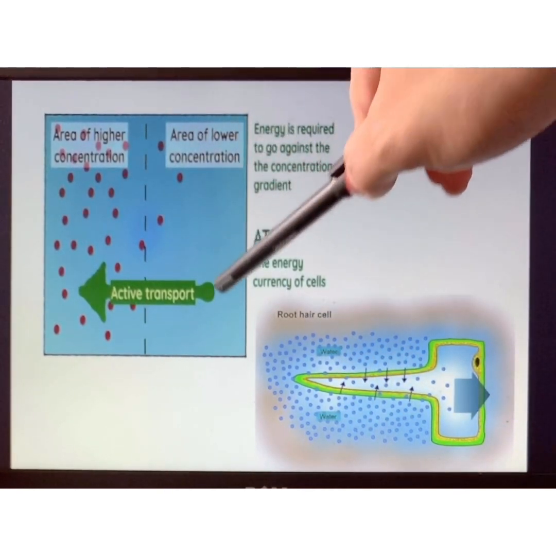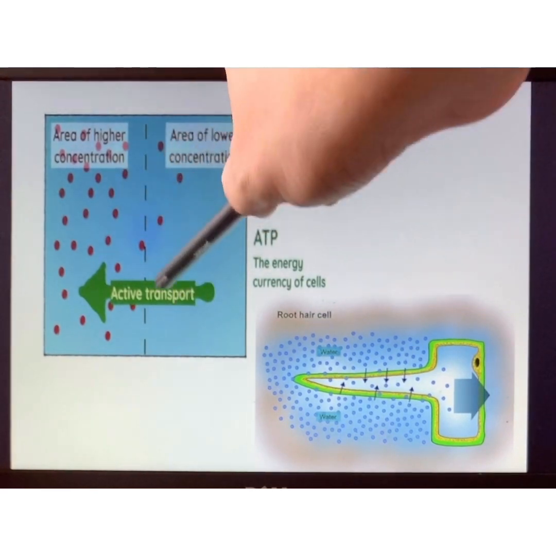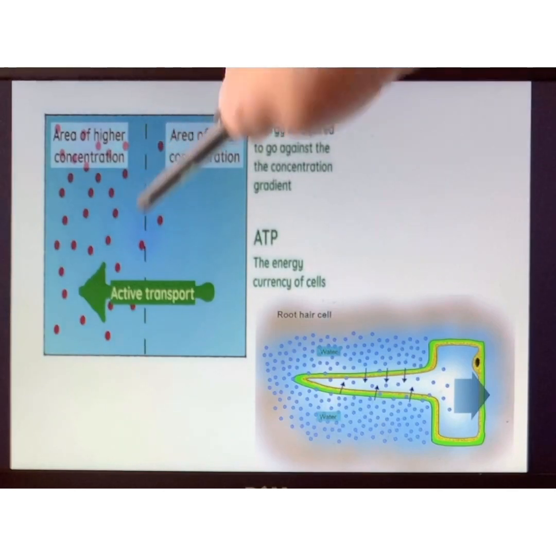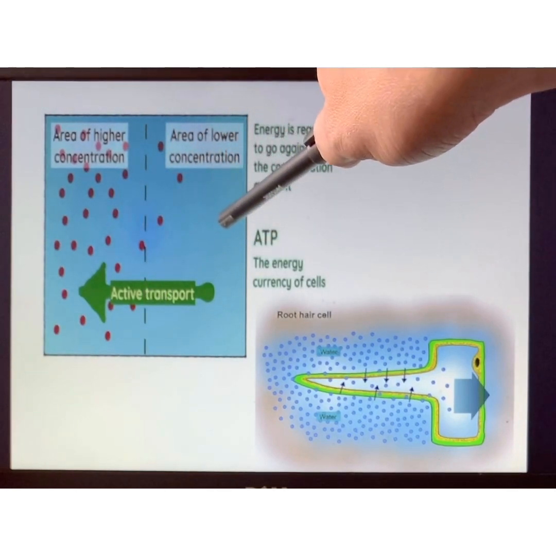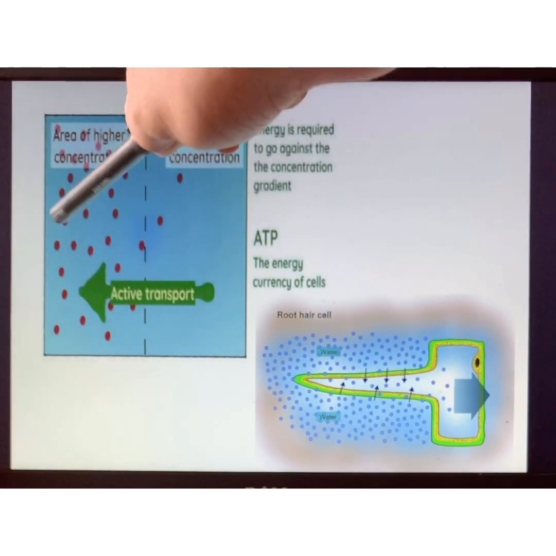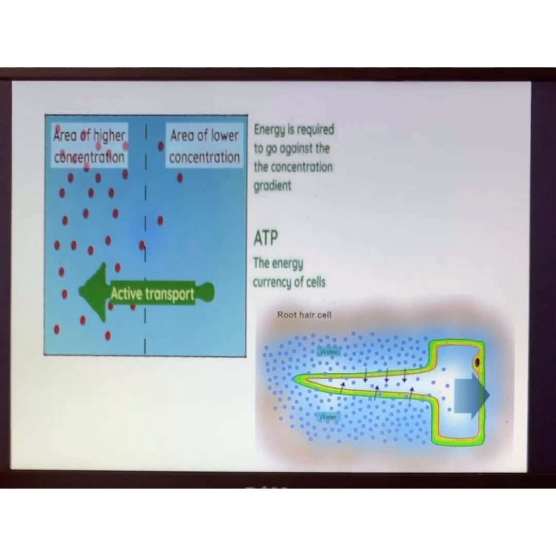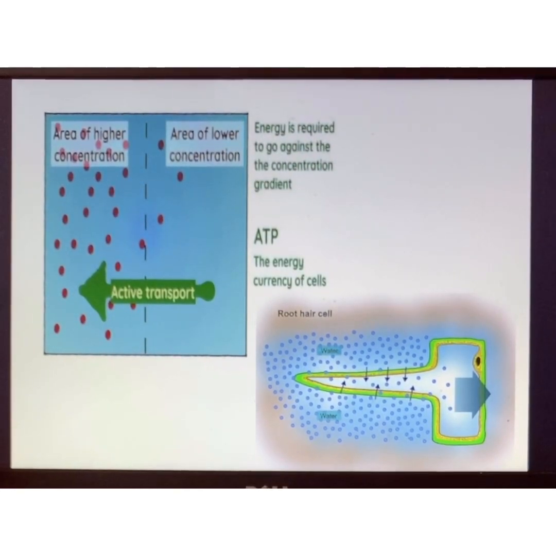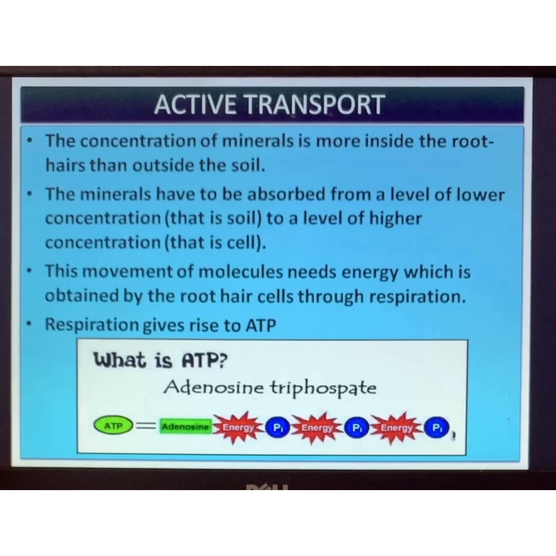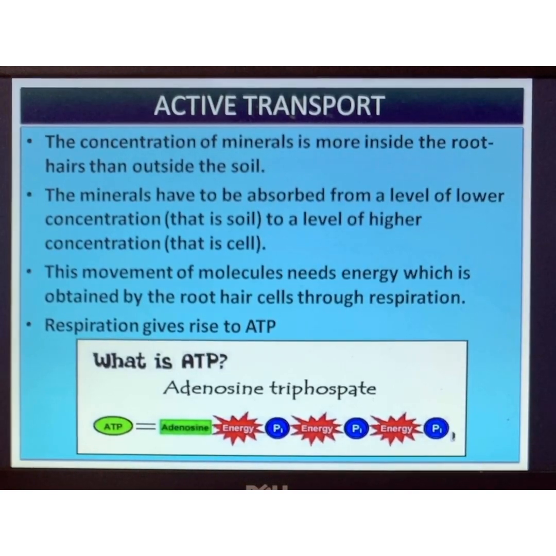Here this is the situation where the minerals are less and the plasma membrane is there, and the movement is happening in the direction where there are more molecules. So energy is going to go against the concentration gradient, and ATP is the energy used by the cells. So let's see what active transport is.